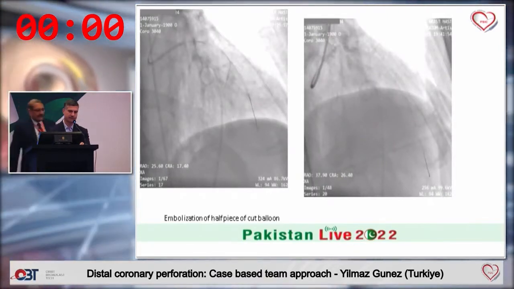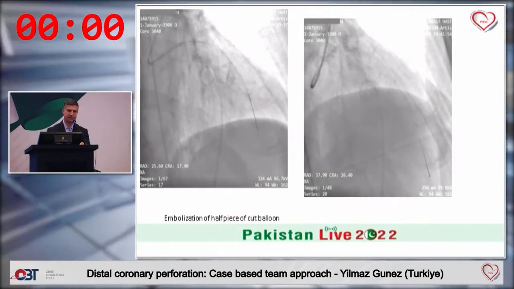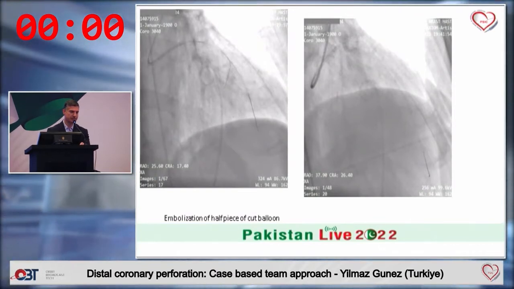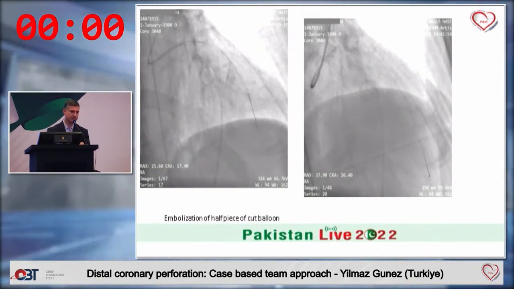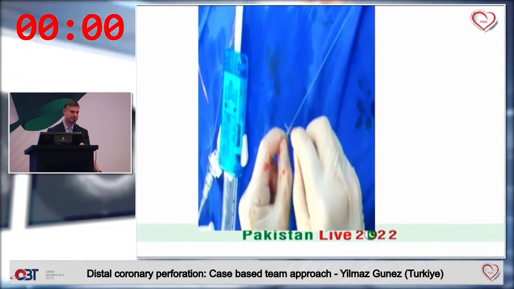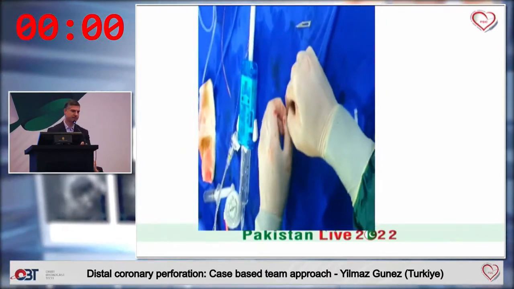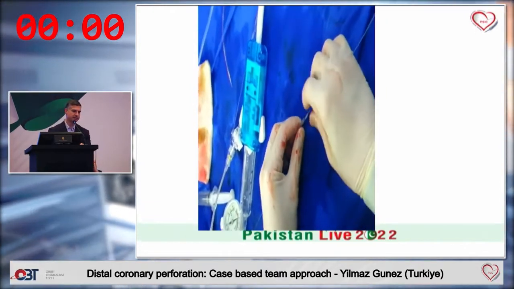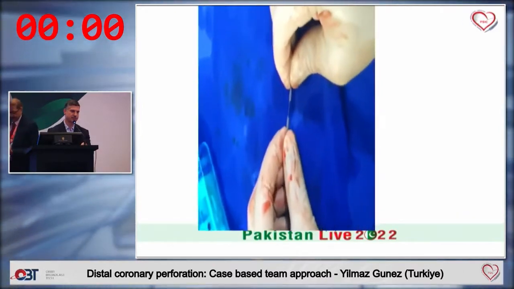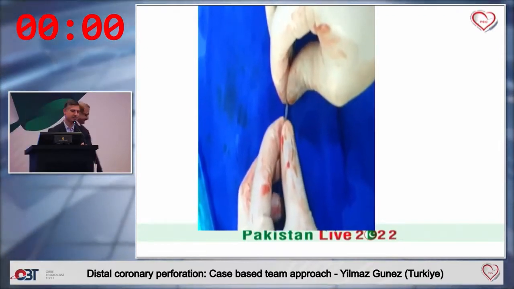Thereafter, what we have done is that we cut a balloon that we used in the septal branch, and I will show the video for that, and embolized it. We cut the balloon at the middle, we detach it and reattach. There is some attraction between the two units, and they move just like one unit.